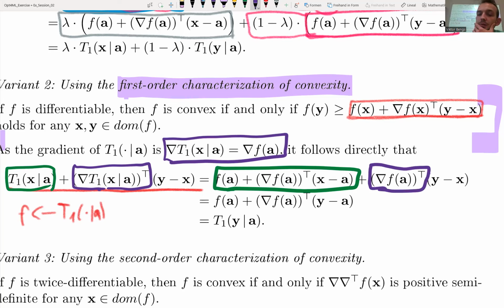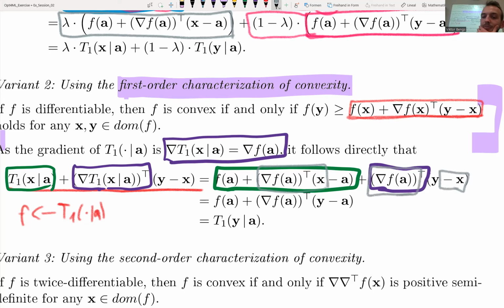All right, but now if we look at this side here, we see this term here with the x, and this term with this one, they will cancel out. So here you have the inner product of the gradient f of a with x, and here you have the same inner product but with a minus. I should have also included the minus to make it very clear.